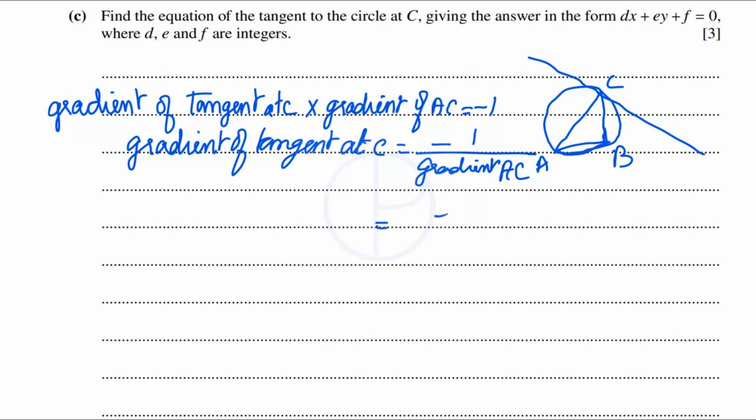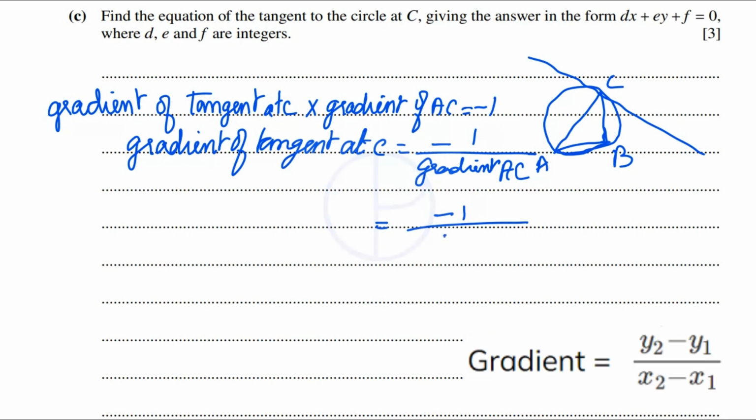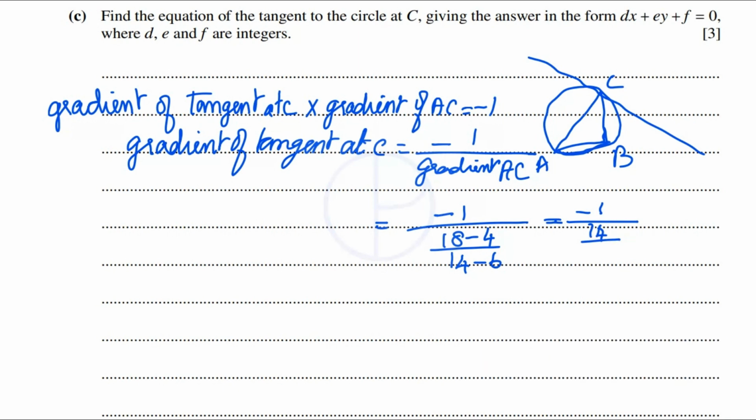Gradient of AC is 18 minus 4 divided by 14 minus 6, so this equals negative 1 over 14 divided by 8, or negative 8 over 14, which is nothing but minus 4 over 7. Okay, minus 4 over 7 is the gradient of the tangent.